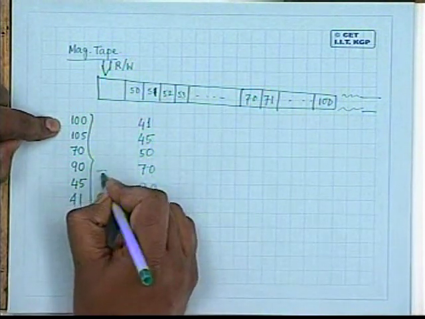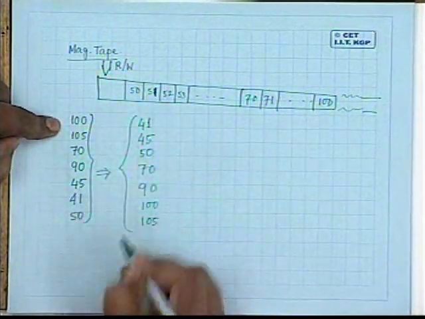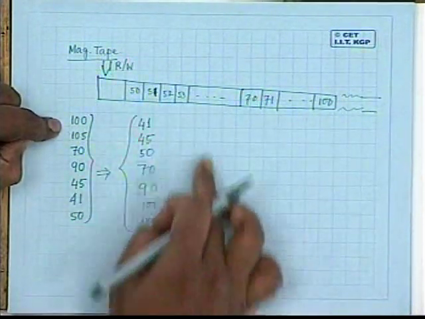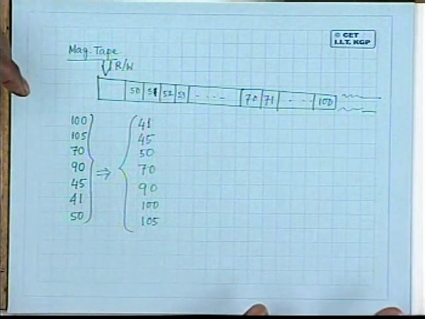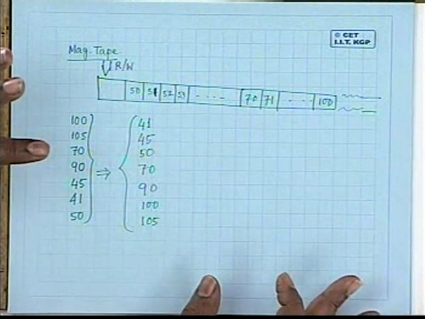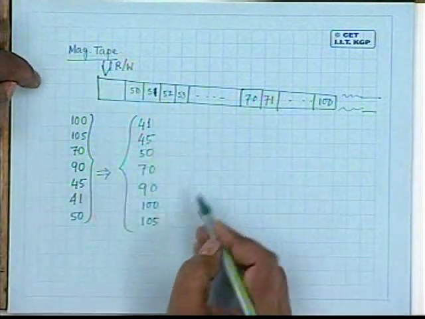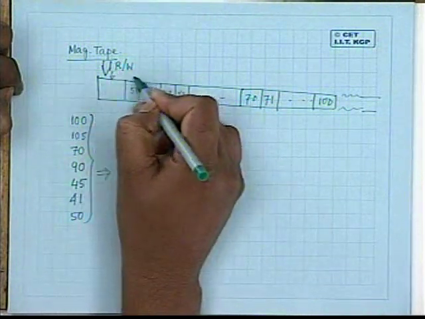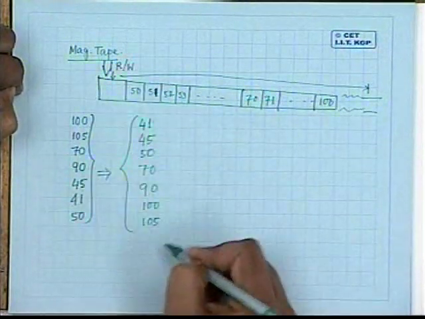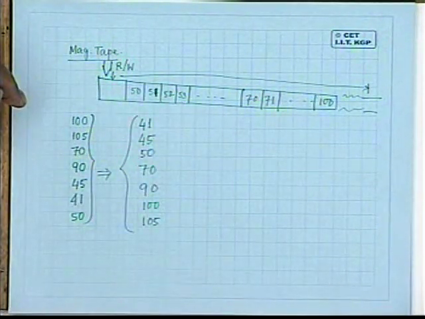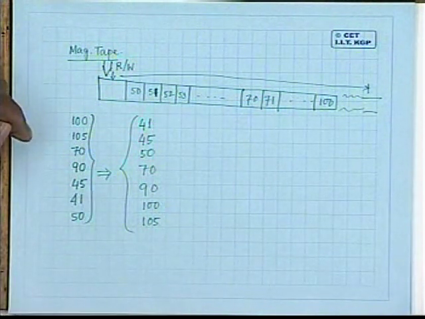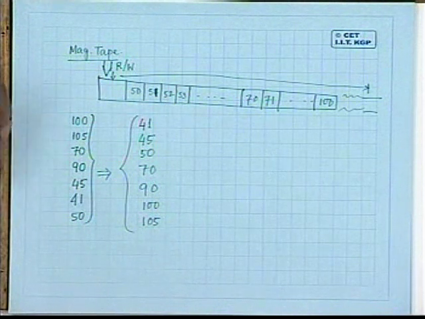If I simply reschedule these requests in this order, the amount of time taken to meet all the requests will be minimal, because now I don't have to rewind the tape unnecessarily. In one go, as I move from, say, record number 41 somewhere here to record number 105 somewhere here, on this single pass I can access all these records. Such rescheduling is also the responsibility of this IO supervisor.